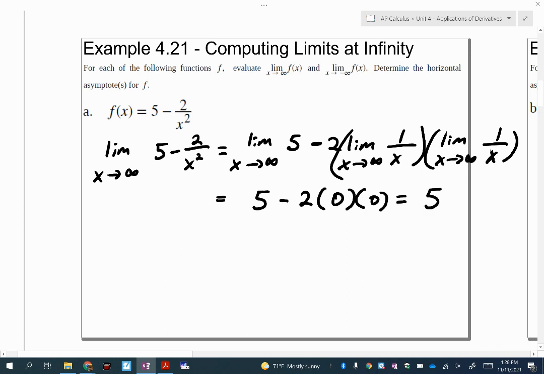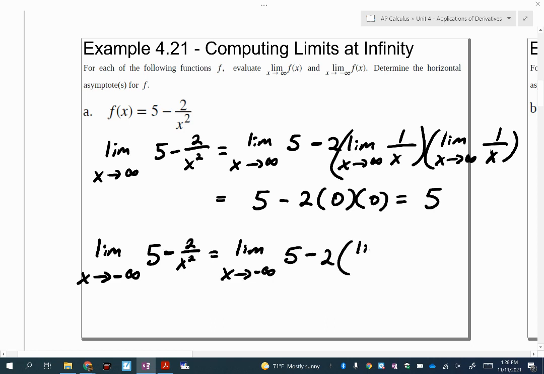So if I do the same thing, but this time look at it as x approaches negative infinity. So the same work: the limit as x approaches negative infinity of 5 minus 2 times the limit as x approaches negative infinity of 1 over x times the limit as x approaches negative infinity of 1 over x.